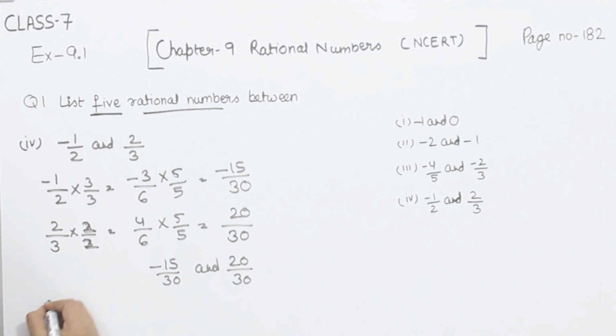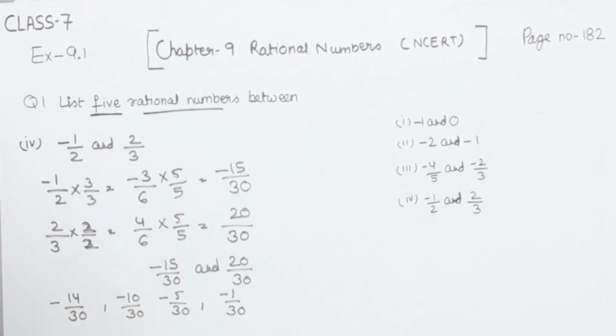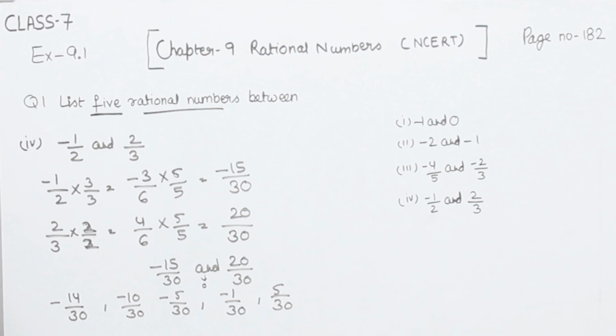I am going to write here -14 by 30, -10 by 30, -5 by 30, -1 by 30, 5 by 30, because here we have 0 between them.